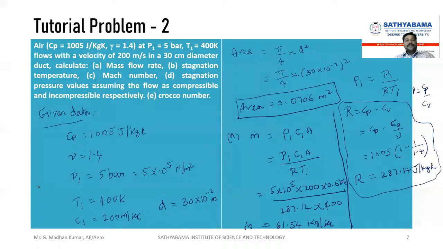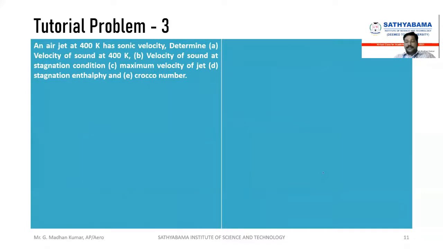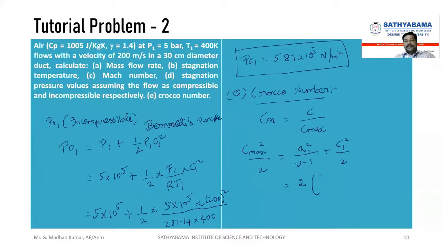A1 is root of gamma R T1, speed of sound. So A1 square is nothing but gamma R T1, divided by gamma minus 1, plus C1 square by 2. And then C max taking square root, you are getting this answer, right?